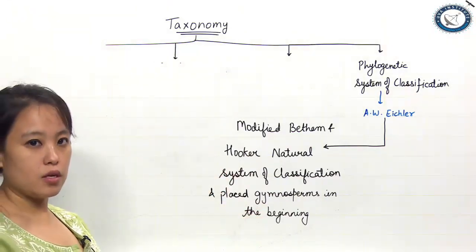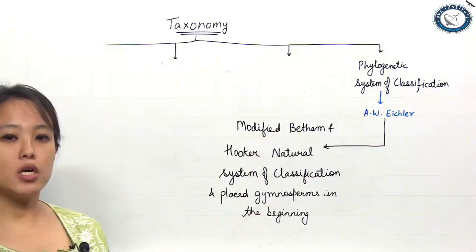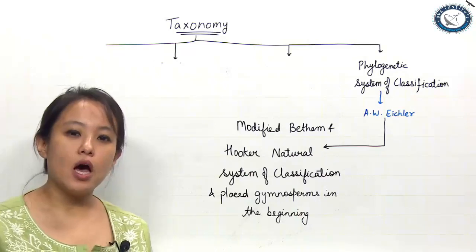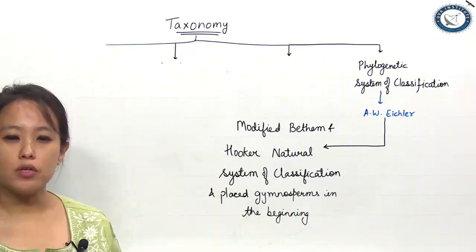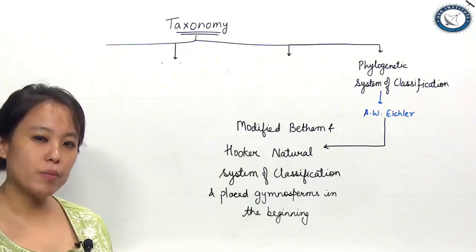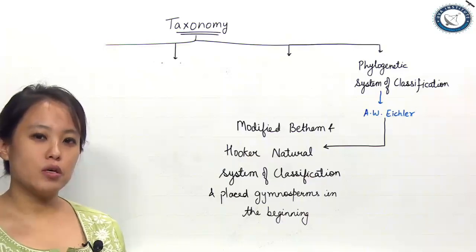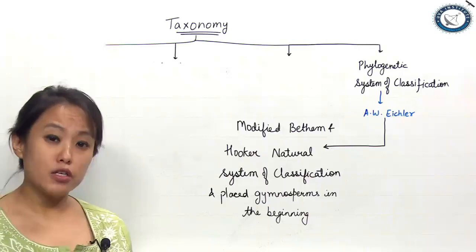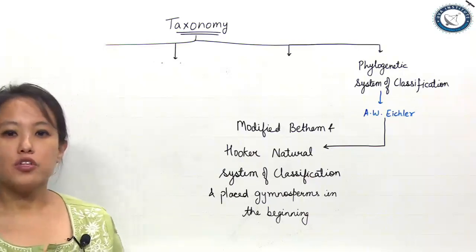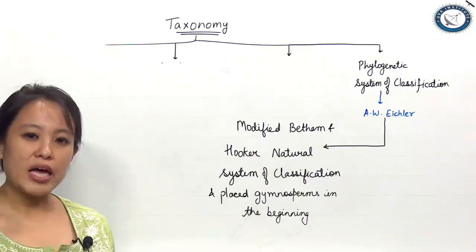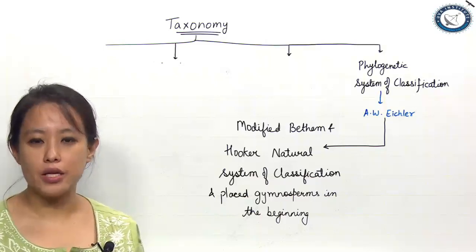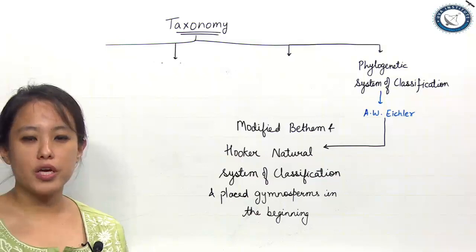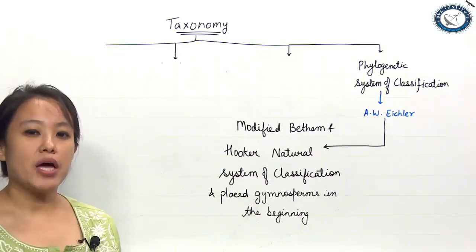So what we need to know is what the taxonomical evidences were, and how taxonomy evolved. Let me give you a quick recap. First, we dealt with the early attempt, which was given by Aristotle. Then it was the artificial system of classification, initiated by Theophrastus and then continued by Carolus Linnaeus. Then it was your natural system of classification, which was given by John Ray, de Candolle, Bentham and Hooker.